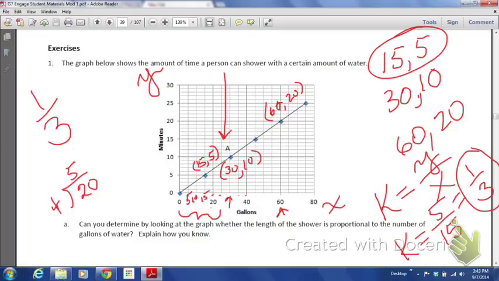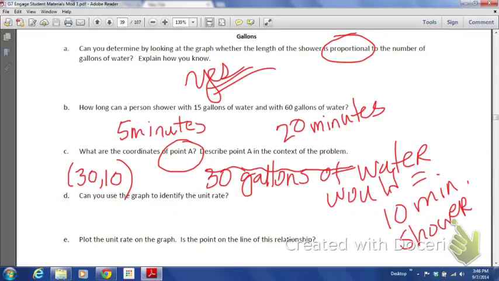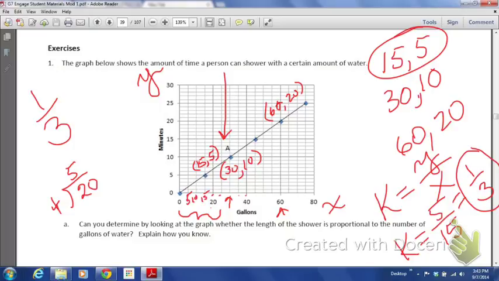And more importantly, what does that mean? That would mean that for every gallon of water, we could get a 1/3 of a minute shower. What's a third of a minute?